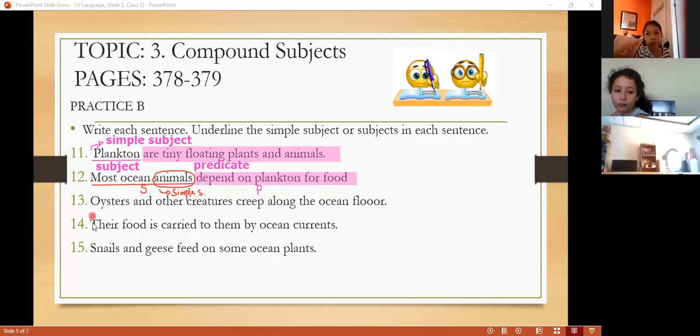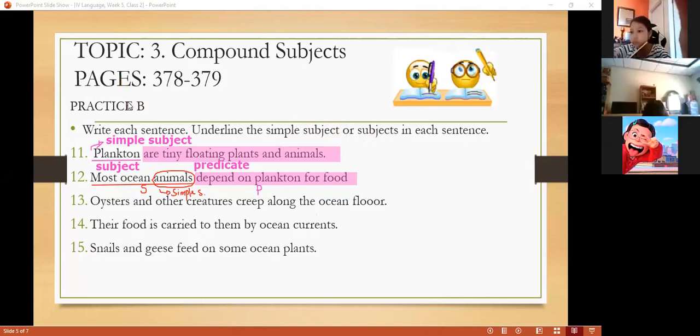So work by yourself on 13, 14, and 15. Remember, you can identify the predicate. If you identify the predicate, it's easy to identify the simple subject. The predicate starts with the verb or the action and the rest of the sentence.